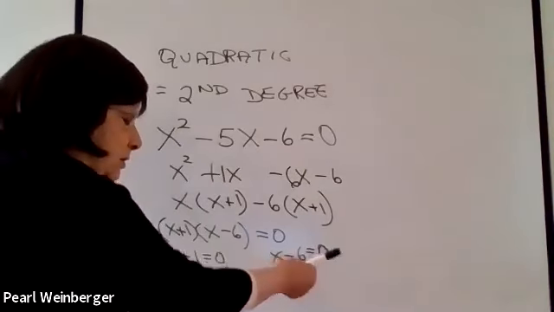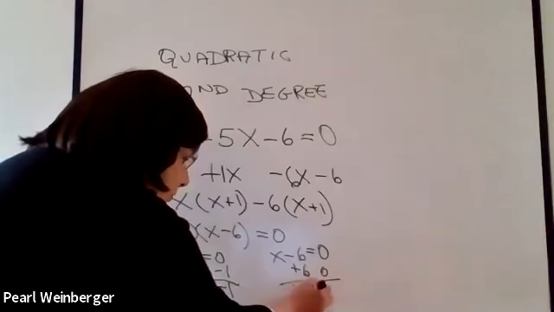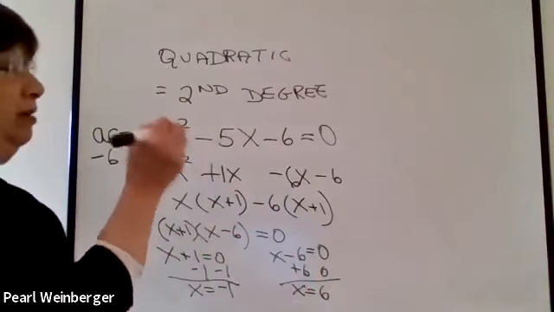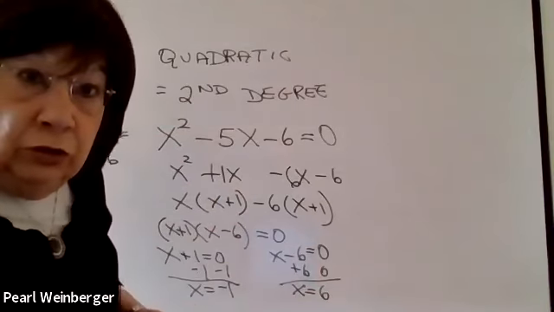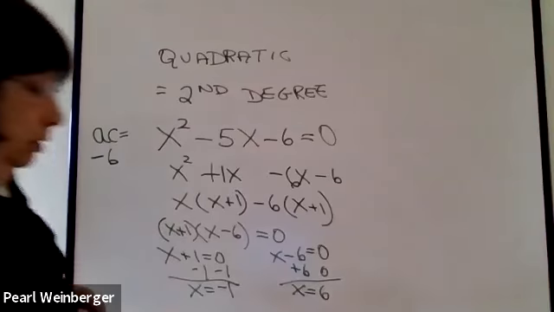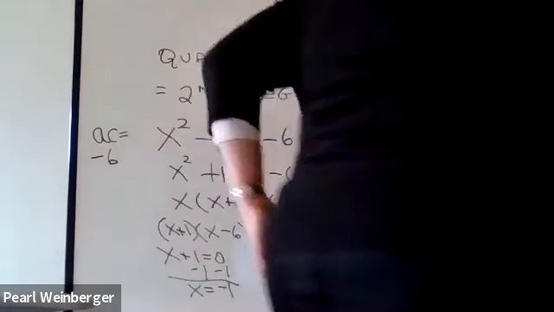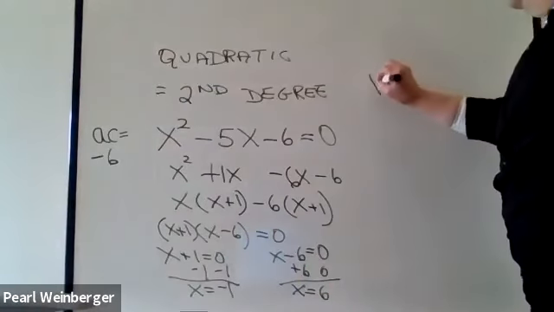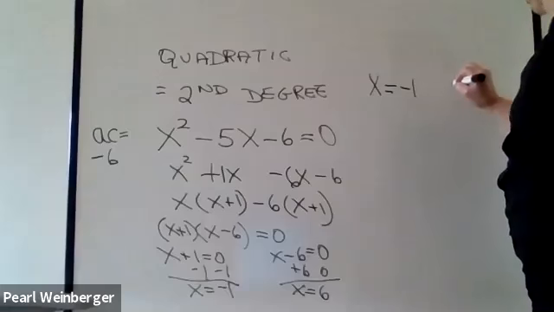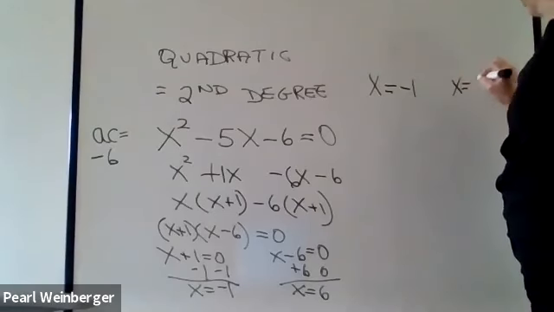And on x minus 6 equals 0, I add 6 to both sides, and I get x equal to 6. So my final answer to this particular example is x equals negative 1 and x equals 6.